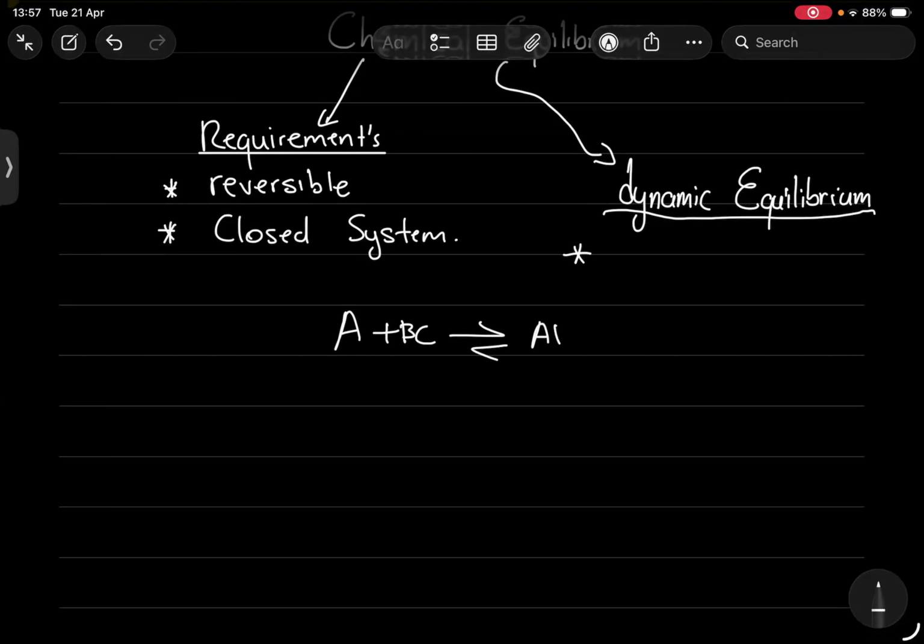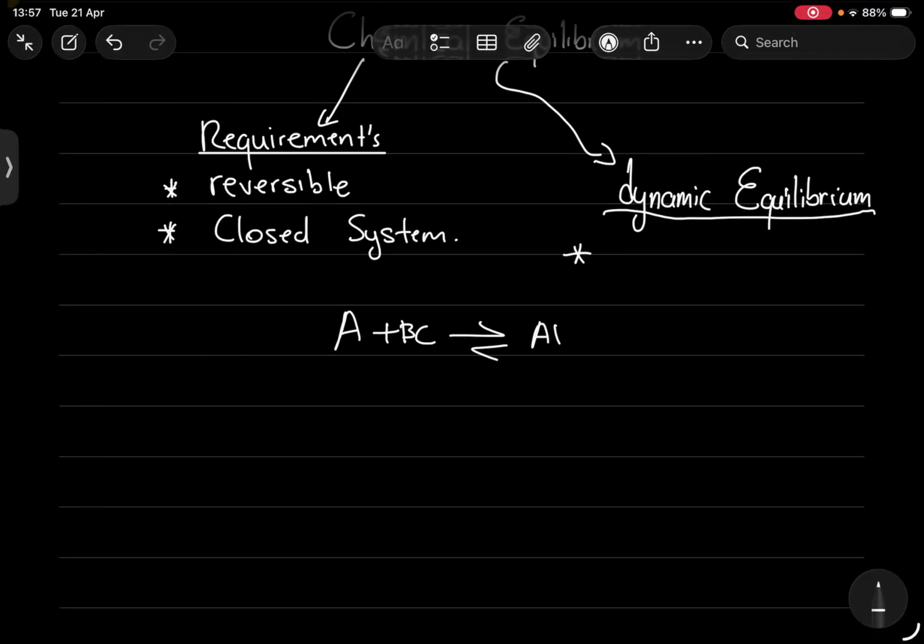This is the forward reaction. This is the backwards. This is the reverse reaction.